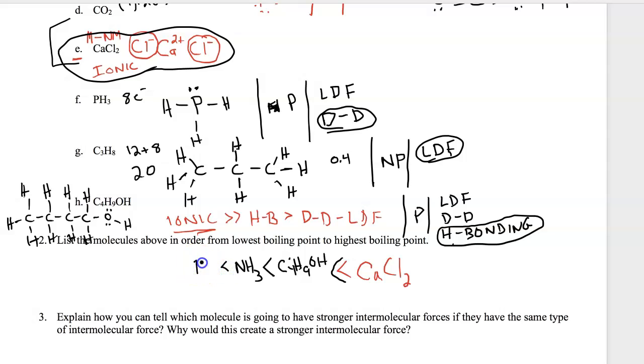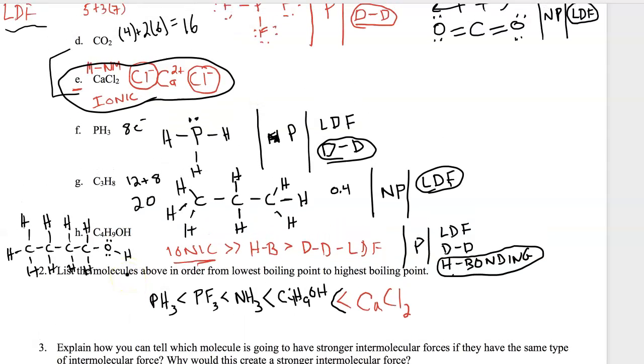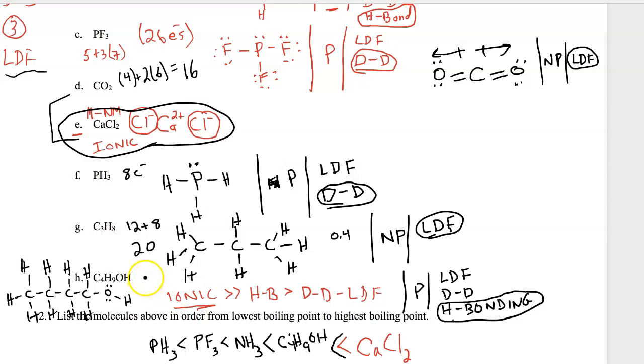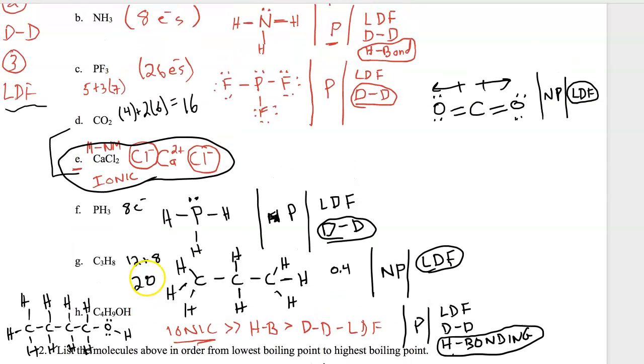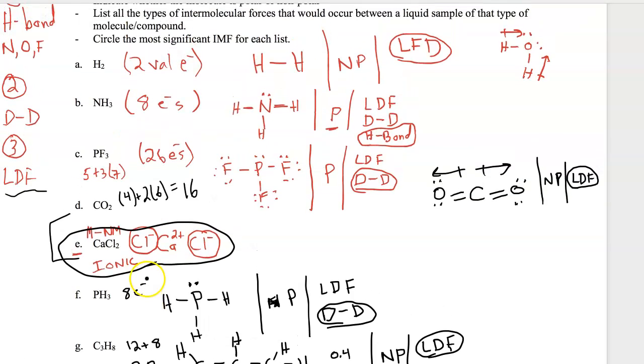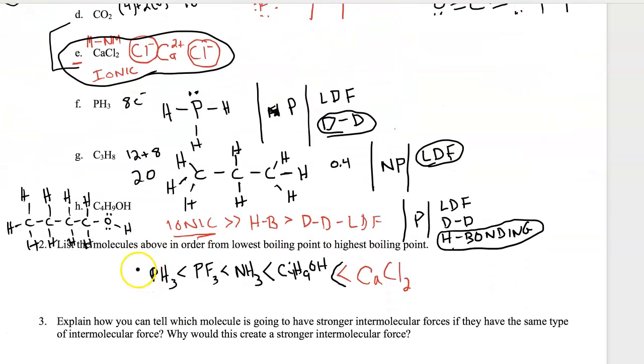They're both polar, but PF3, because F is a bigger atom than hydrogen, means it's going to have more London dispersion. That's bigger than PH3. And then my last ones here. We have C3H8, CO2, and H2. So those ones are all London dispersion forces.